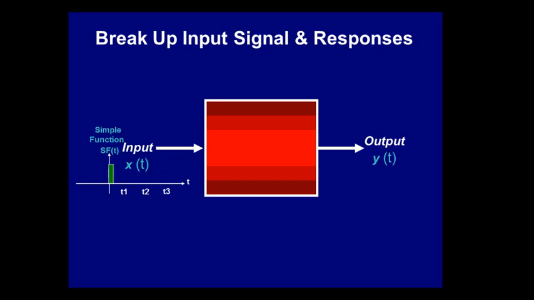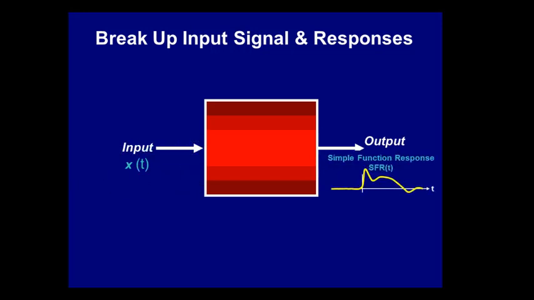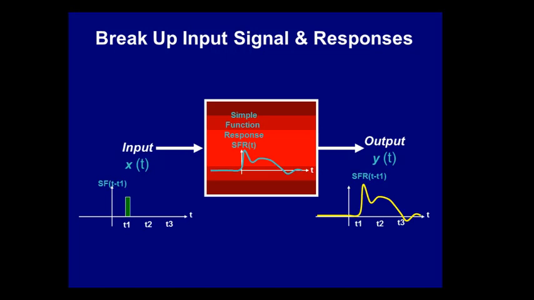Whatever that is, we'll call it some simple function, f of t. If I can have a way to mathematically figure out the response of the system to that simple function, we'll call it a simple function response, then if I put in a delayed version of the simple function, I get a delayed simple function response. If I get a scaled one, I scale it.